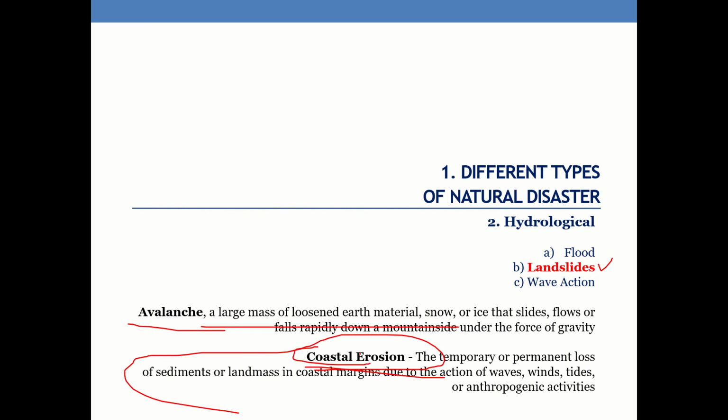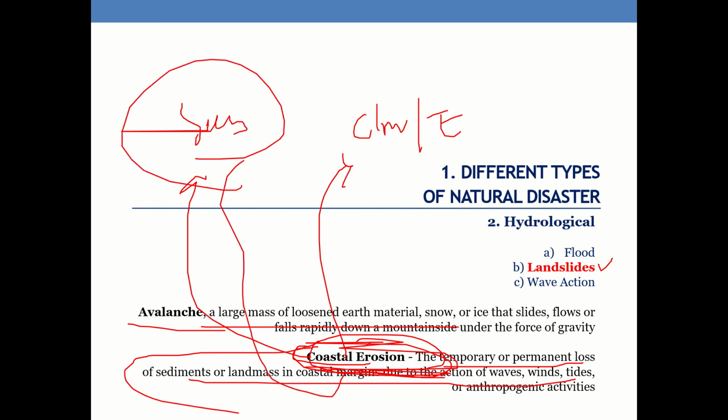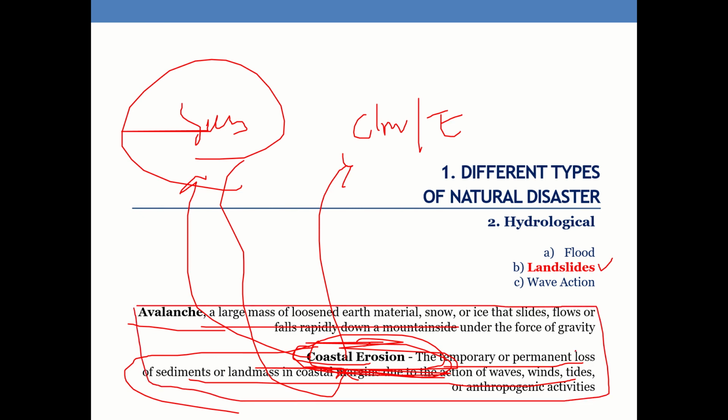Coastal erosion is one of the primary things associated with climate change and its impact on the environment. Sea level rise and all that related stuff is related to coastal erosion. But in our syllabus we don't have that in detail. We will not be discussing it, but just to give an idea that this is there.